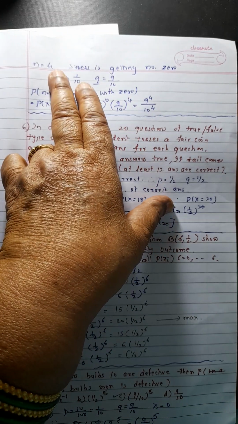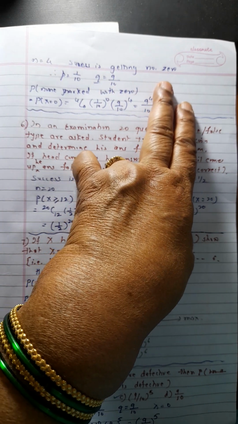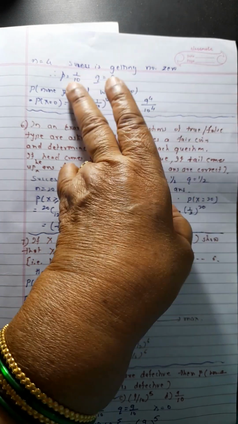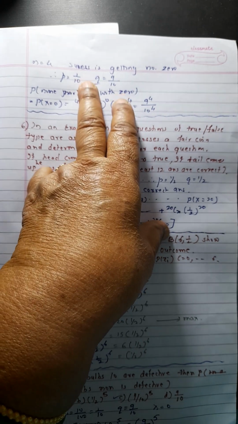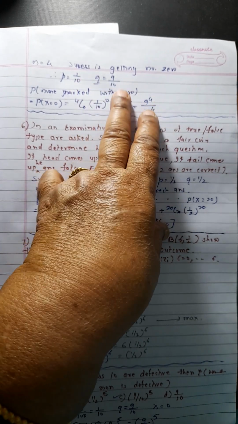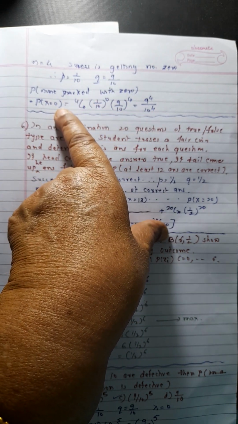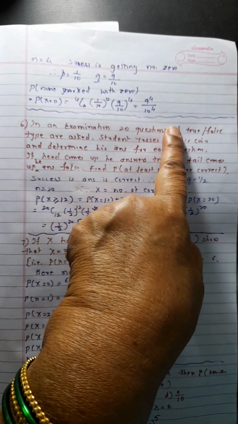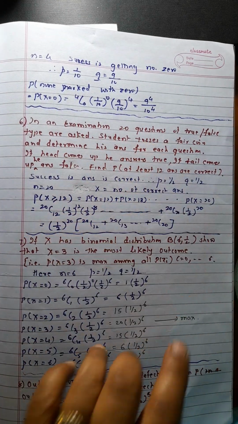Here 4 balls we are taking, so n equals 4. Success is getting number 0, because for number 0 we are trying. So number 0 is only once in 10, so the probability in one trial is 1 upon 10. Q will be 9 upon 10. None marked with 0 means x equals 0, you have to find out. Substitute in the formula, simplify.